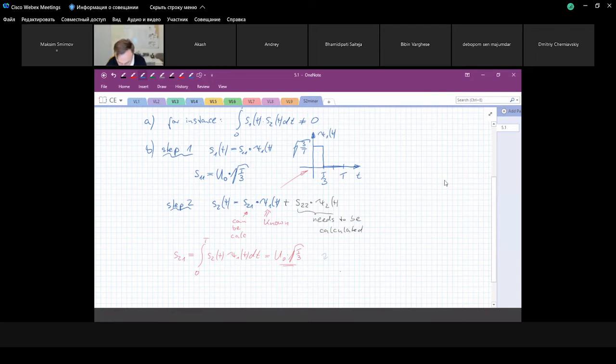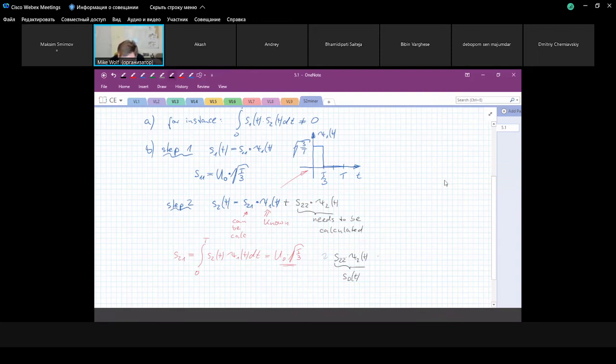Therefore, we can say the difference, let's write this like this, S22 times C2 of t. For the first, let's say this is a difference. And if we weight this difference in order to have unit energy, we have the second basis function.